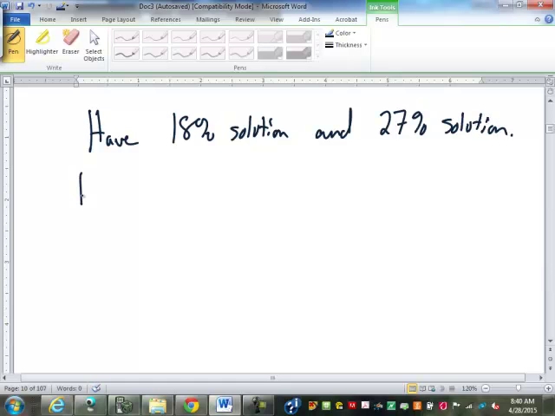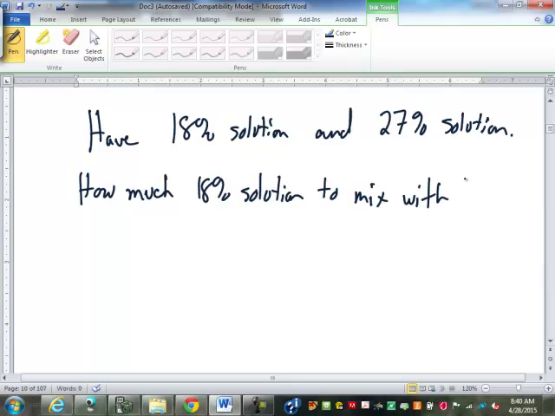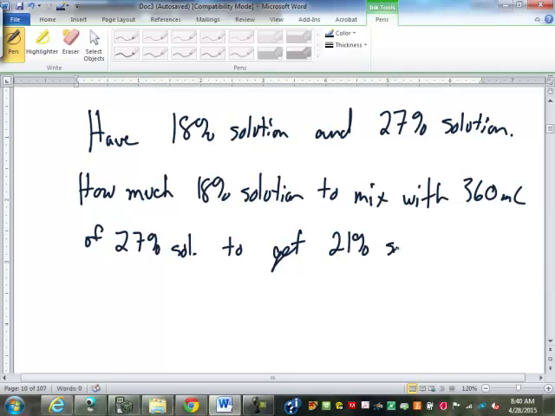And I ask how much 18% solution to mix with 360 milliliters of 27% solution to get a 21% solution.